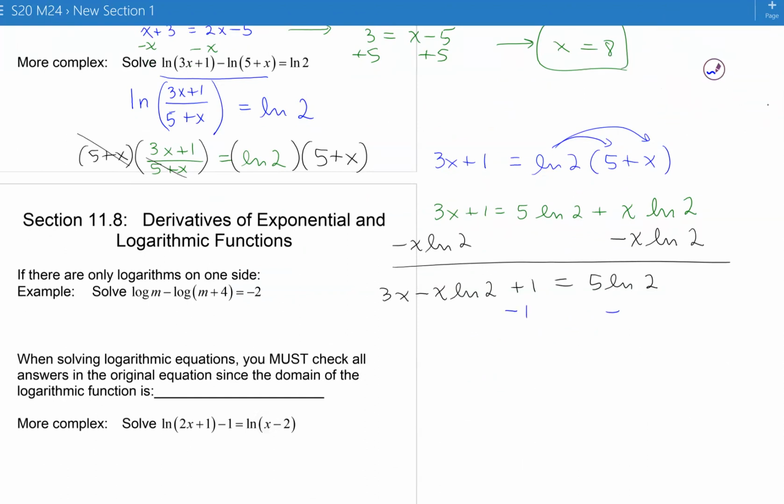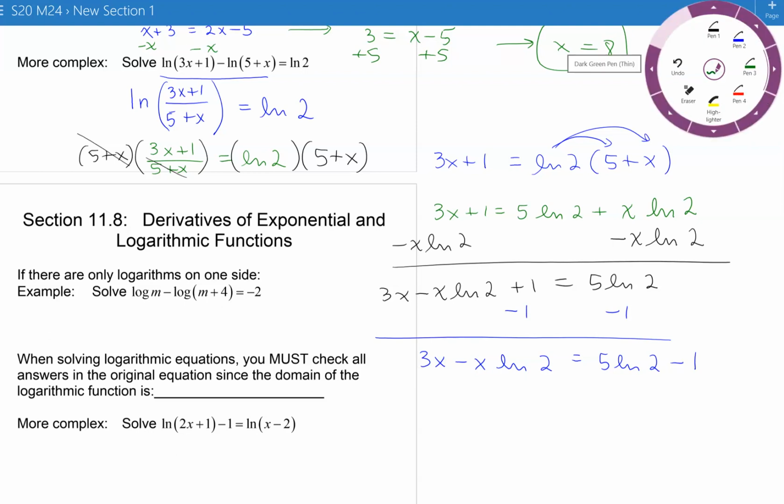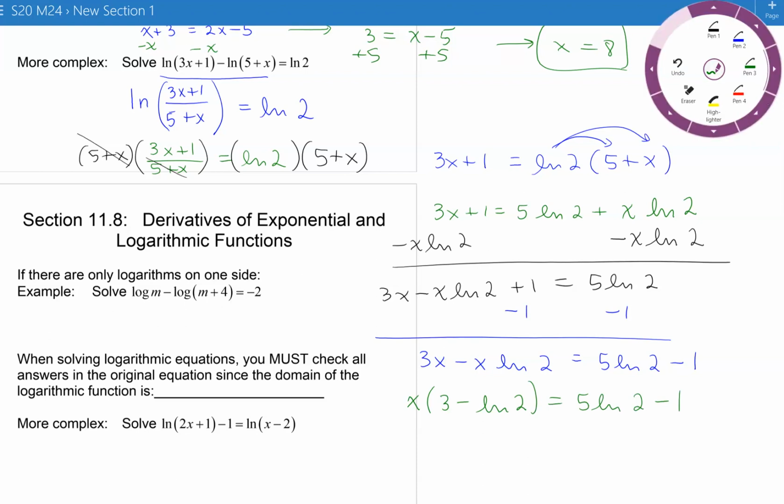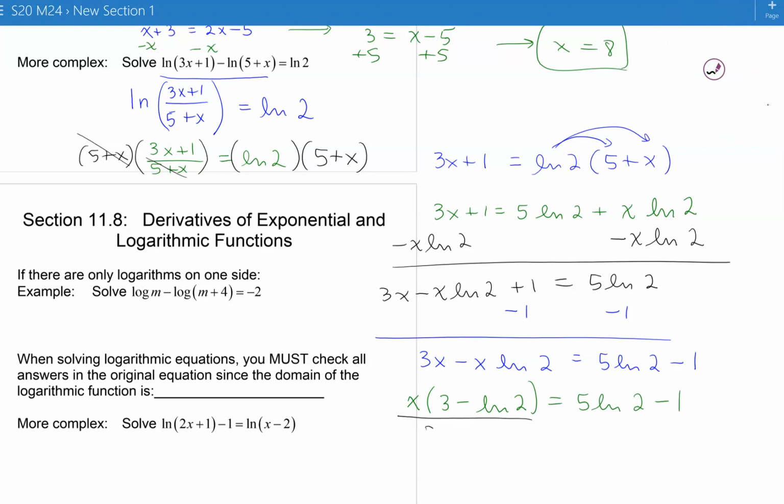And I'm going to subtract the 1 from both sides, so everything with an x is on one side, and everything that doesn't have an x is on the other side. And now I'm going to factor out the x, and divide both sides by 3 minus ln 2.